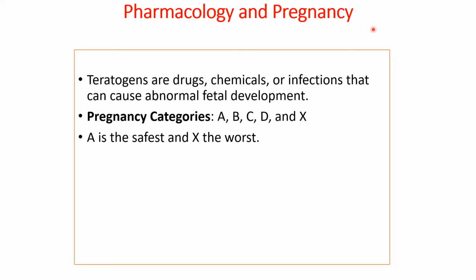For that reason, the medications are classified depending on the safety in pregnancy from A to D, being A the most safe, the safest, and D something that needs to be taken in consideration. Is it worth the risk in contrast with the need of the medication? But there are some medications that are totally prohibited in pregnancy that destroy the life that was forming there, and those medications are classified as X.